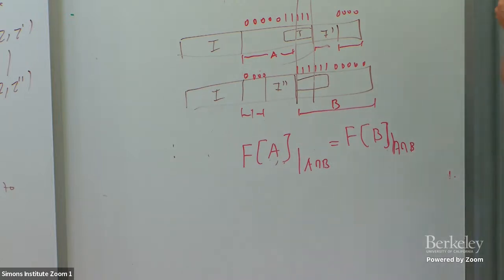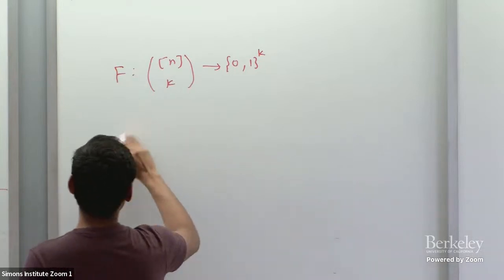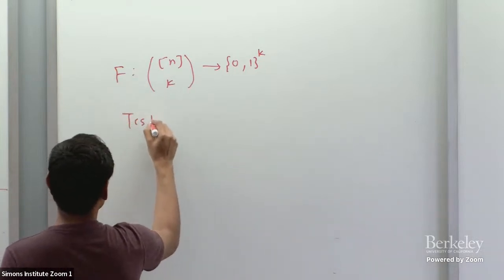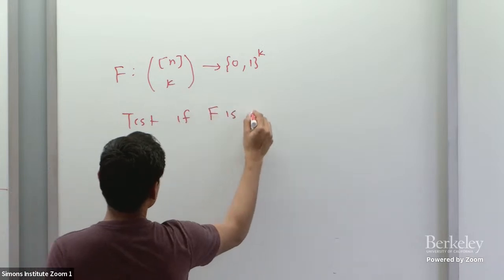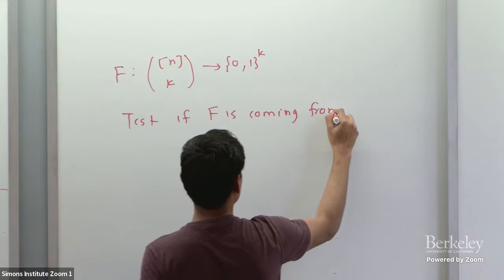So what is the setup for a direct product test? You have a table which is defined on every k-size set. It gives every subset of size k a string from 0,1 to the k, and you should think of this as assigning bits to the coordinates in S. You want to test if F is coming from a global string.